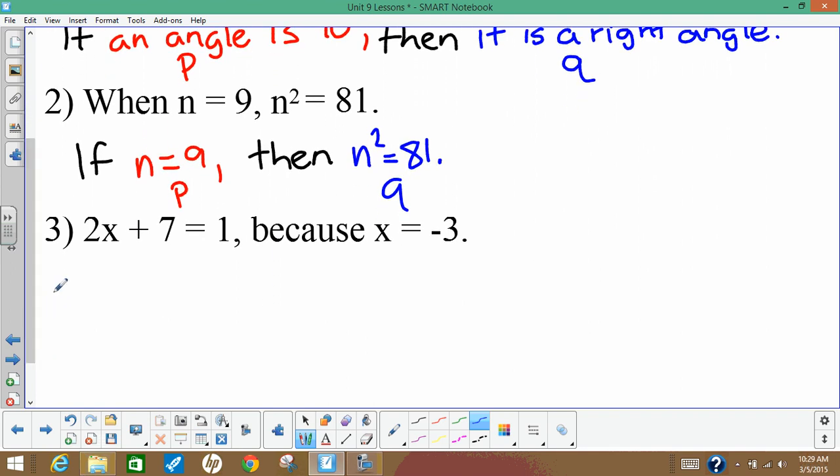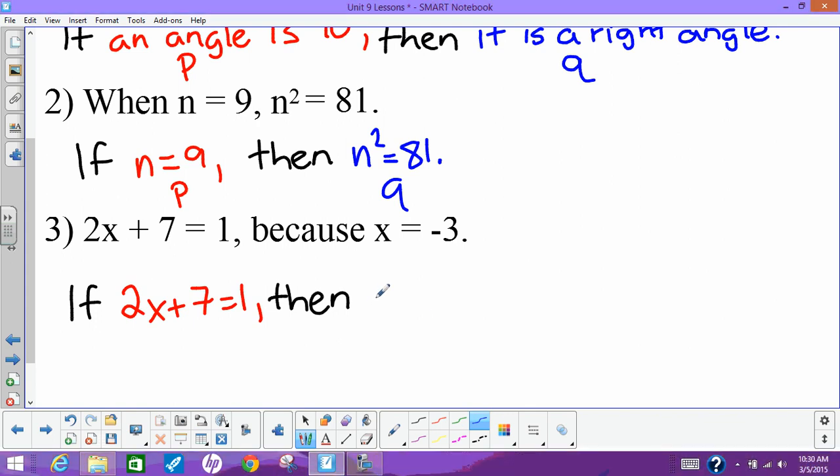So go ahead and pause. Try this third one on your own. It's very similar to the one we just did. So you should start with an if. It's always an easy place to start. And this first part is our hypothesis. If 2x plus 7 equals negative 1, then x equals negative 3.